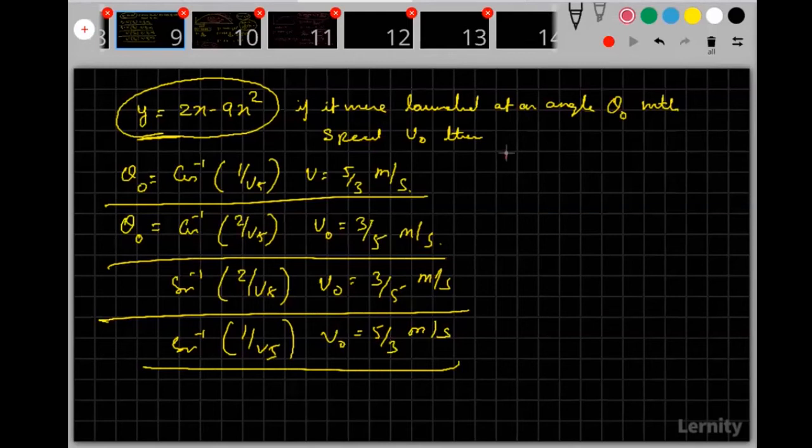So this is how you work it out. All that I did is I could remember how you get the trajectory: x is equal to u cos theta t, y is equal to u sin theta t minus half g t squared. Get the value of t, substitute it here, compare it with this, and then get your answer. Please try to work it out.